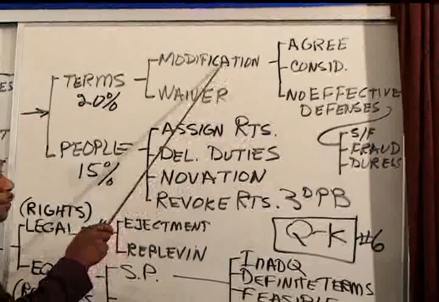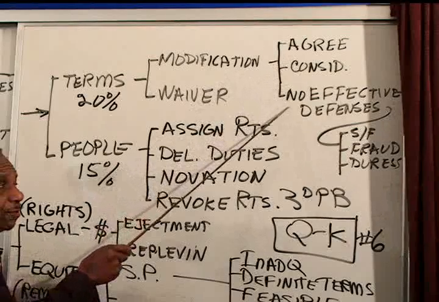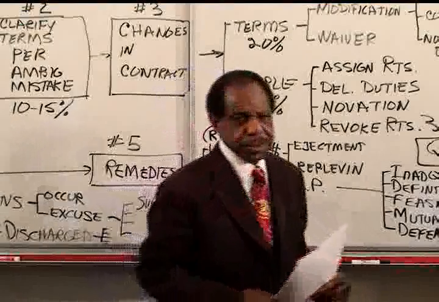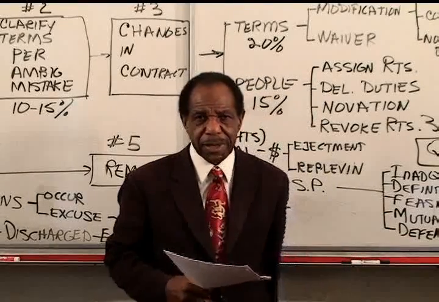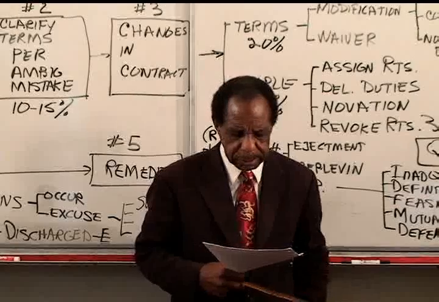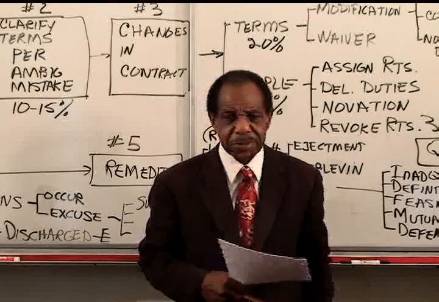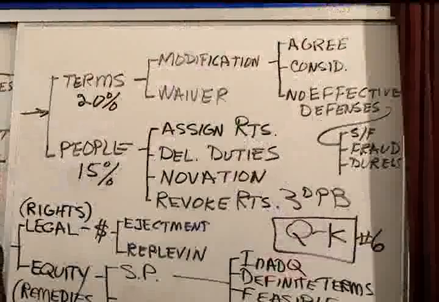For the modification, you need to agree on the new terms, no consideration, no effective defenses. Statute of frauds would apply because they're selling $90,000 worth of bolts, but the modification is in writing and by using 2-209 subsection 2, they've satisfied the statute of frauds. So we have a good modification.